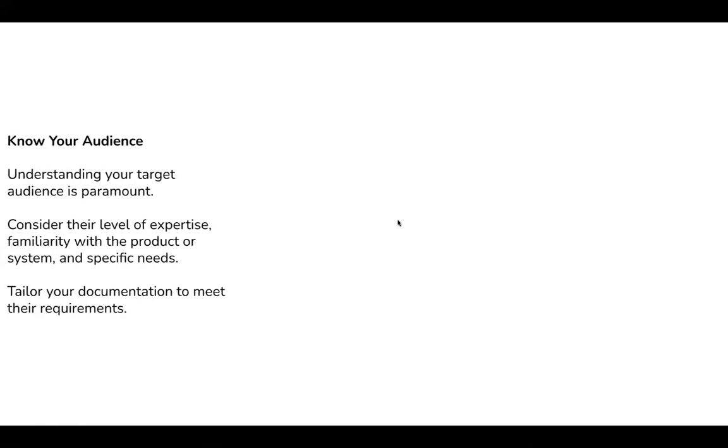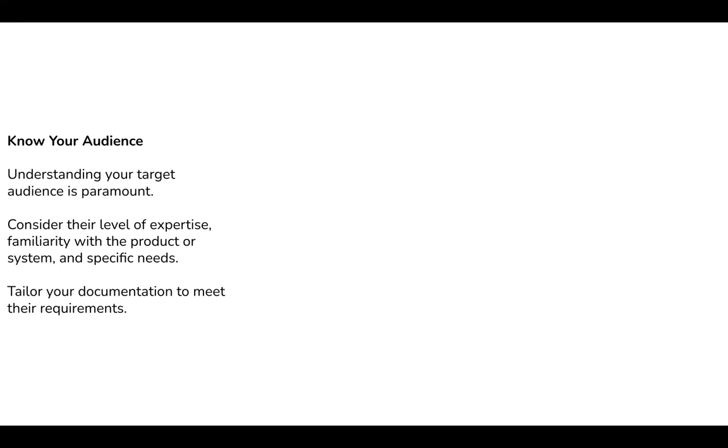So some tips and strategies that you can use to write user manuals, guides and documentation. The first one is, as always, know your audience, right? Understanding your target audience for each document is paramount and very, very important.